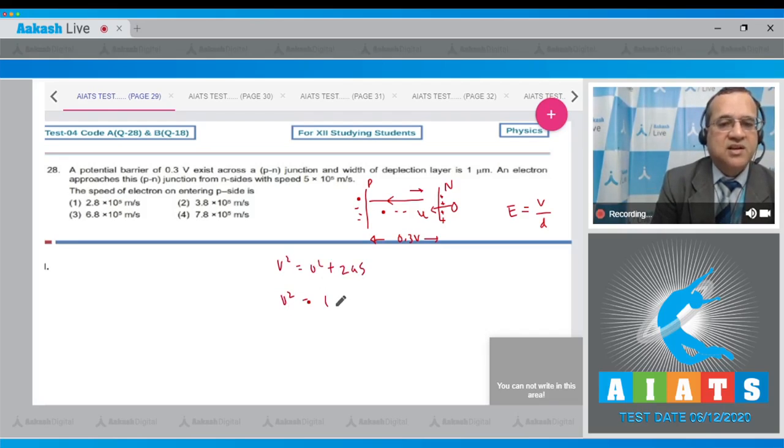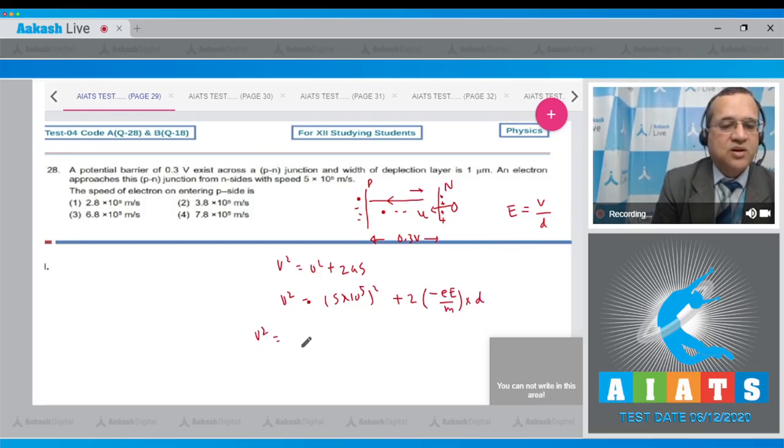The initial velocity is given as 5 into 10 to the power 5, squared, plus 2, and a is equal to minus eE divided by m into the distance, and distance is d, given to you, and E we can write as V by d.